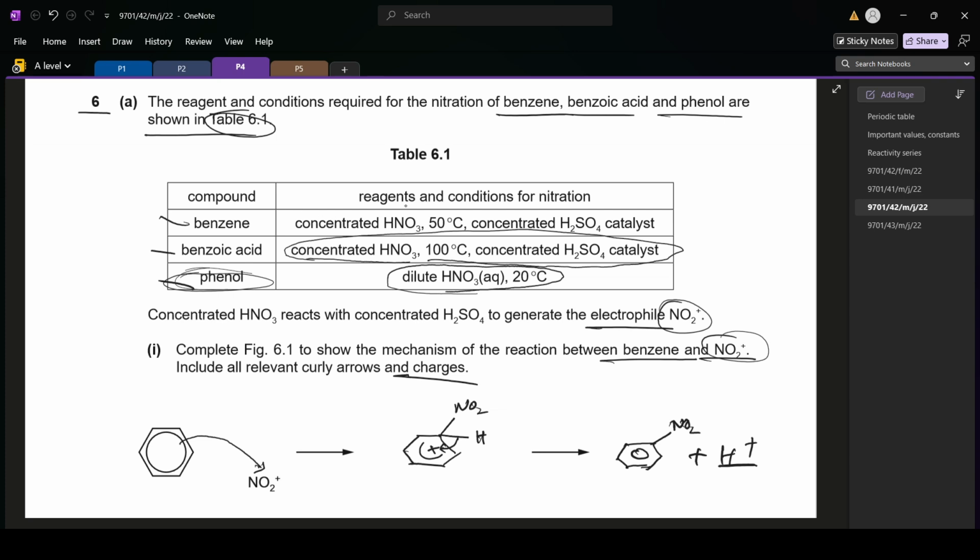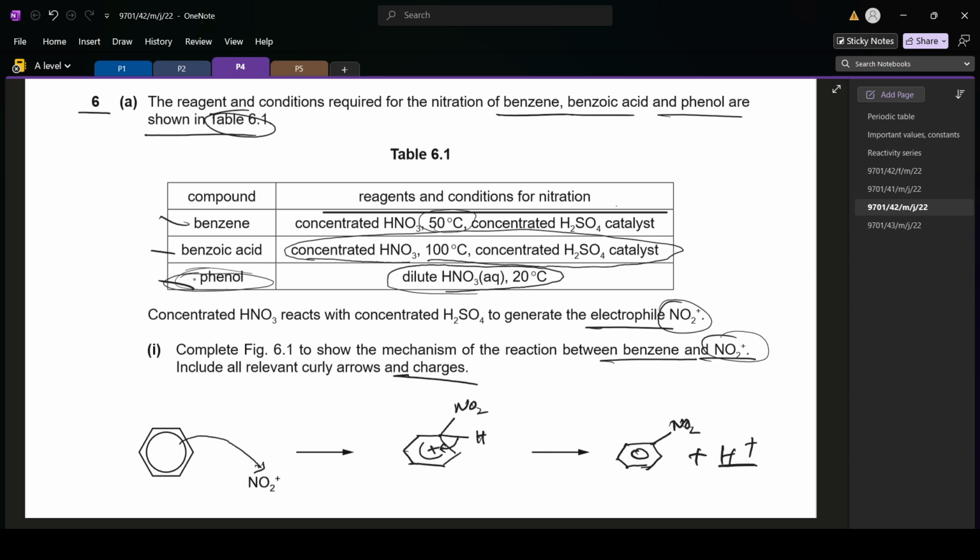Then you have benzene, which also requires concentrated nitric acid and sulfuric acid, but the temperature is lower in benzene than in benzoic acid. So you can see from the table that phenol is easily nitrated.